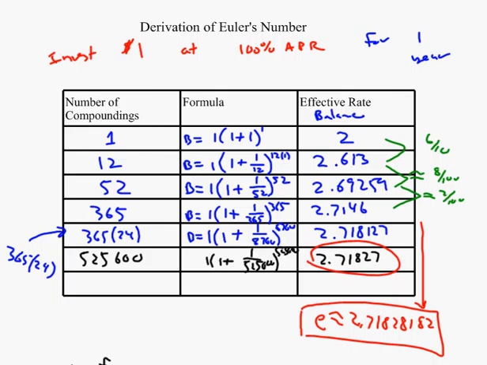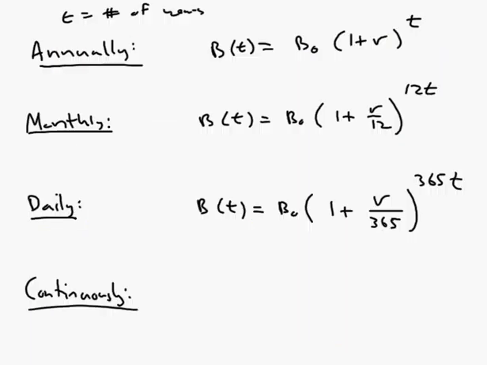Okay? So how does the compounding continuously formula work? Your balance is a function of time. It starts off the same way, B sub 0, and it turns out it's going to be E to the rate times time. You might say, well, why is that?